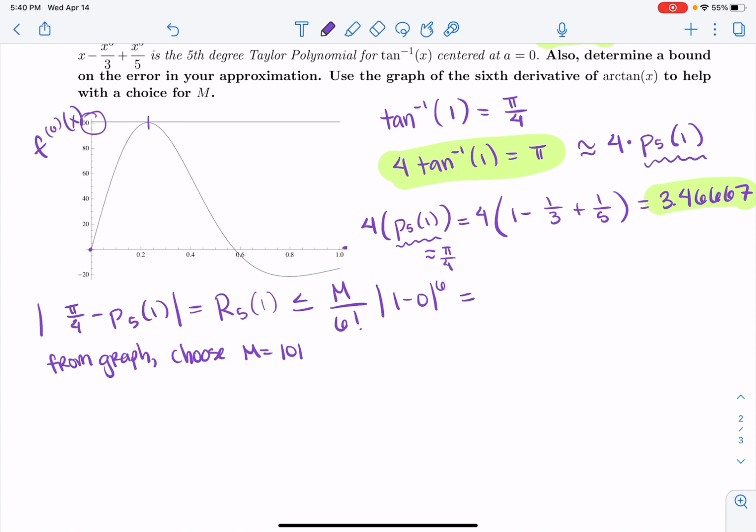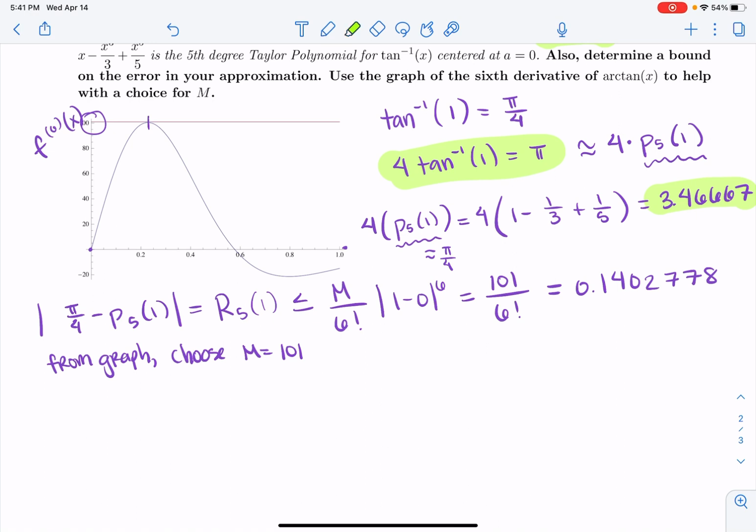Let's try 101. 101 divided by 6 factorial times 1 to the 6, which is just 1. Let's see how close we are. 101 divided by the quantity 6 times 5 times 4 times 3 times 2 times 1 is equal to 0.1402778, and really the 7s just keep repeating.